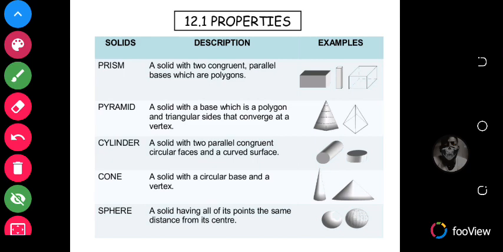Pyramid. A pyramid is a solid with a base which is a polygon and triangular sides that converge at a vertex. So you can have different pyramids, and a pyramid actually has a base which is a polygon. It could be 3 sides, 4, 5, or 6. For example, let's look at a base like this.